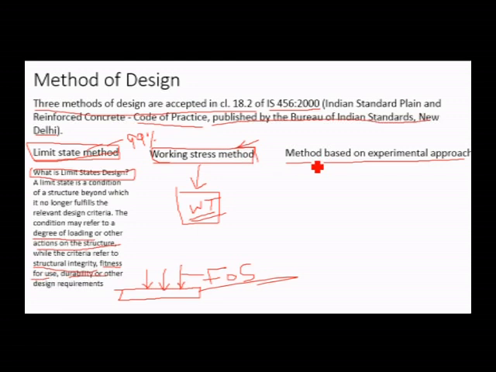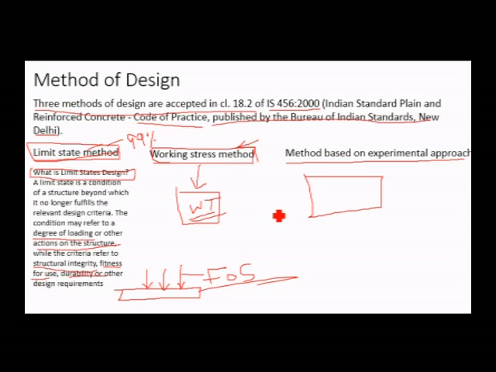And there is the method based on experimental approach. The design may be performed by experimental investigation made on models of full-size structures or elements, and accordingly the design of the elements. However, the four objectives of structural design must be satisfied when designing by this approach.